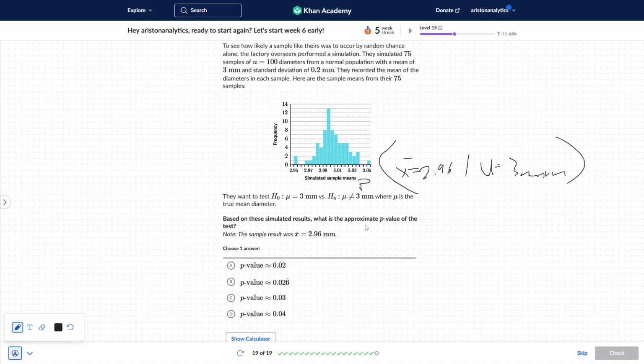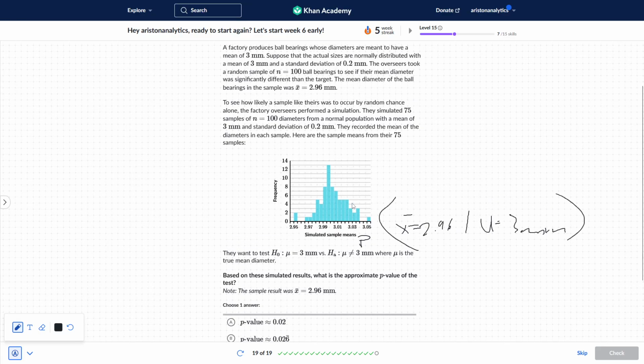What is the approximate p-value of the test? Sample result was X bar 2.96. Oh, I see. I think. Okay, we have 75 samples, and then our alternative hypothesis is a two-sided, or two-tailed, one.